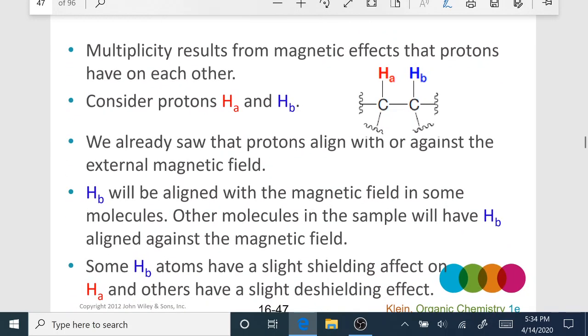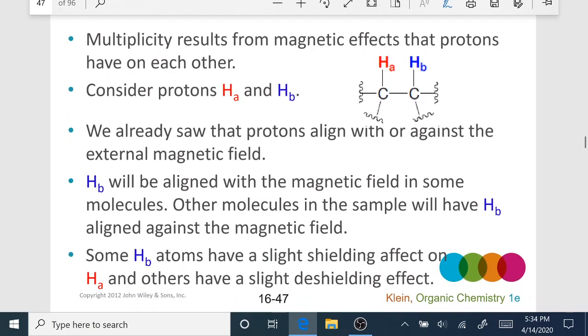So remember that the hydrogens can be aligned with or against the field, and that's going to affect their individual environment. So HB is going to be aligned with the field in some molecules and against the field in others. Okay, and HA is going to be aligned with the field in some and against the field in others. If HB is aligned with the field, it's going to have a slight shielding effect on HA. If it's aligned against the field, it's going to have a slight de-shielding effect on HA.